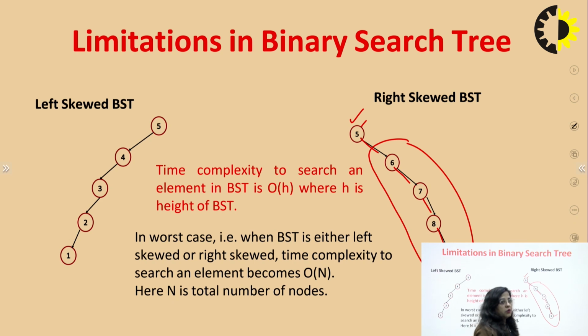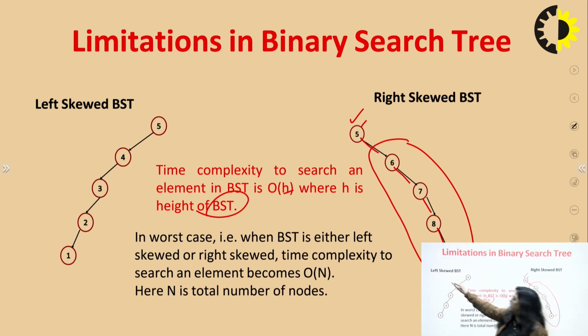So the time complexity to search an element in a BST is order of H, where H is the height of the BST. In this scenario, BST has some drawbacks.